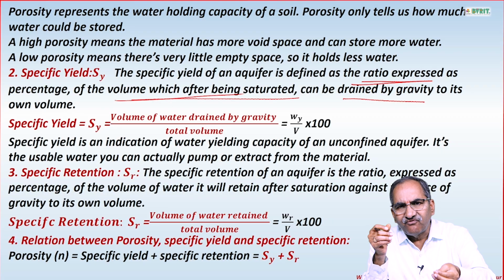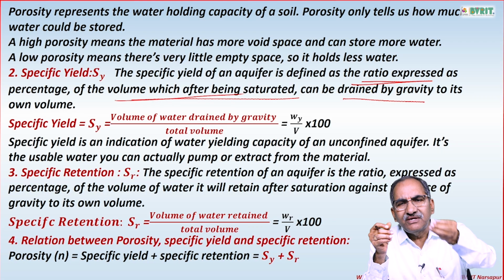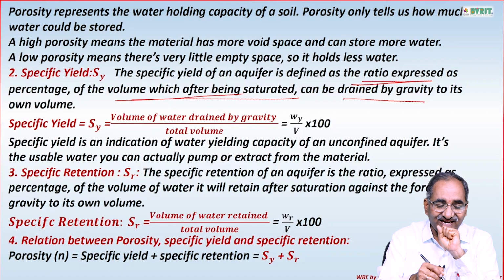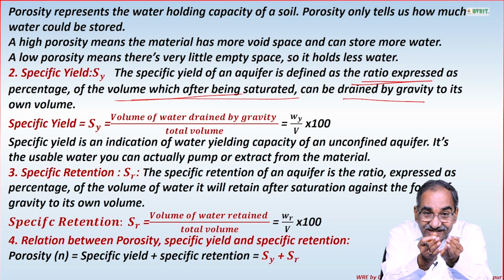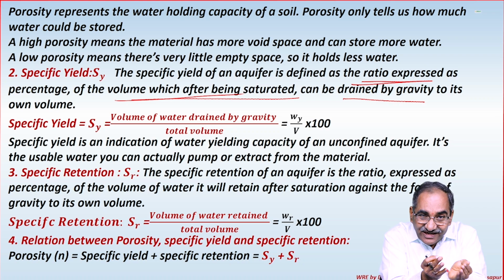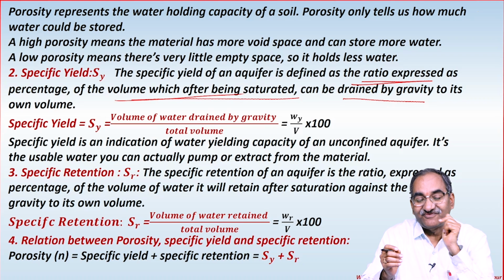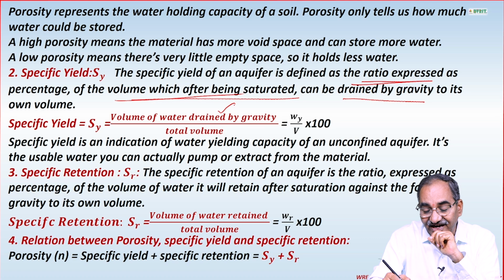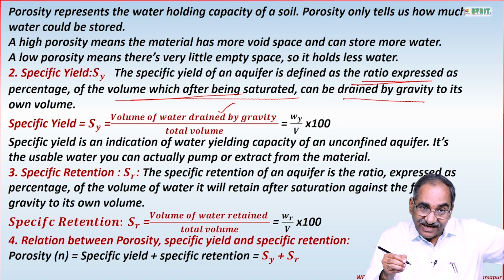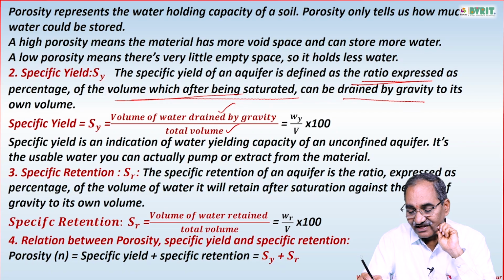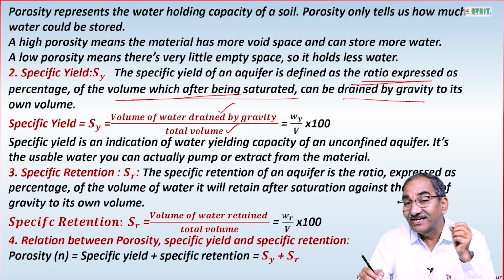The volume of water which you can transmit by gravity from a soil mass is what we call specific yield. How much it can hold is porosity; how much it can transmit is specific yield. It is the volume of water drained by gravity to the total volume of the soil.